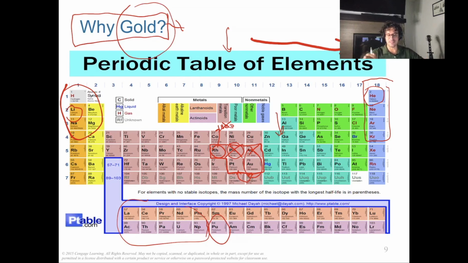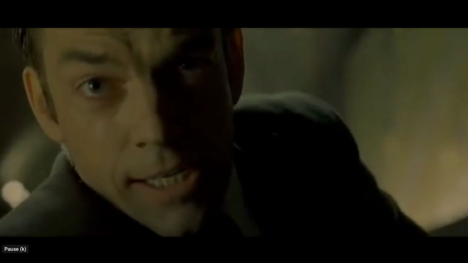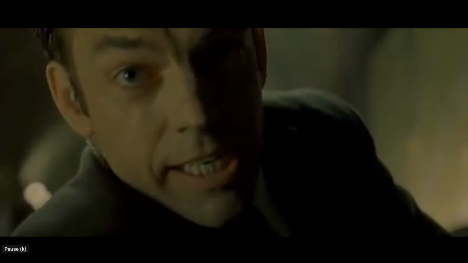The answer from this table is that possibly it is going to be the same. Possibly it is inevitable that we end up using gold as a form of money. Hear that, Mr. Anderson? That is the sound of inevitability.